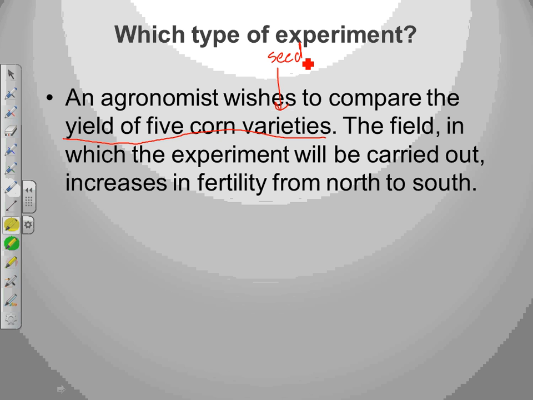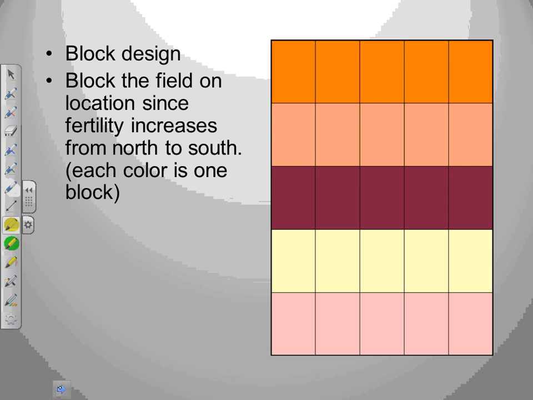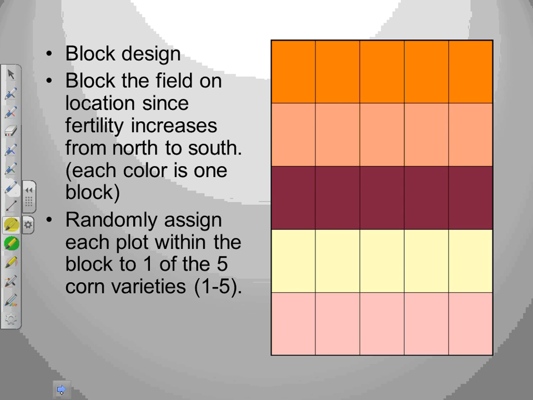So what kind of experiment is that? Is that matched pair, block, or completely random? Block. Yeah, I would say block. Block the field by location, and then randomly assign in each plot which gets which corn variety.